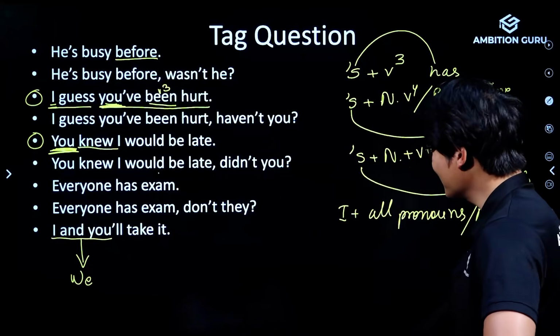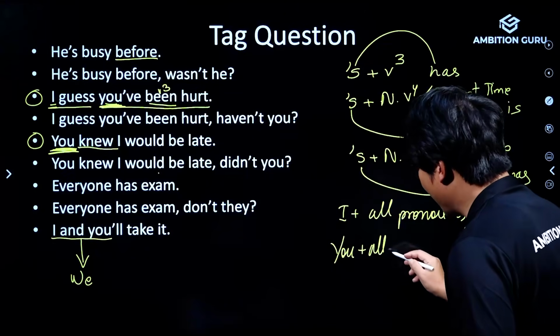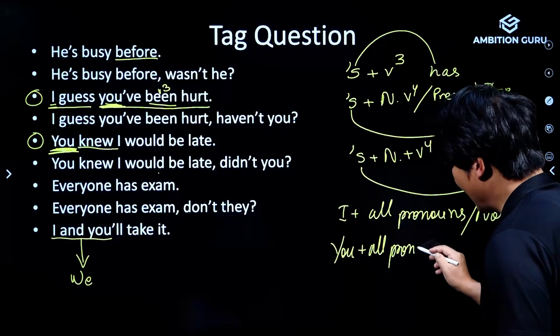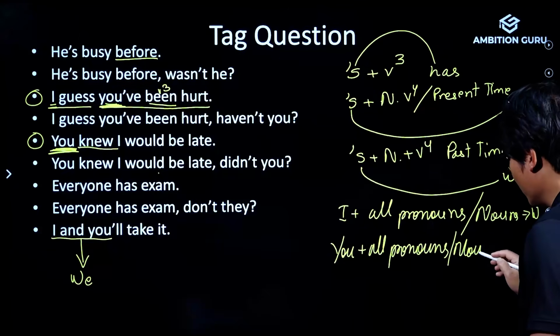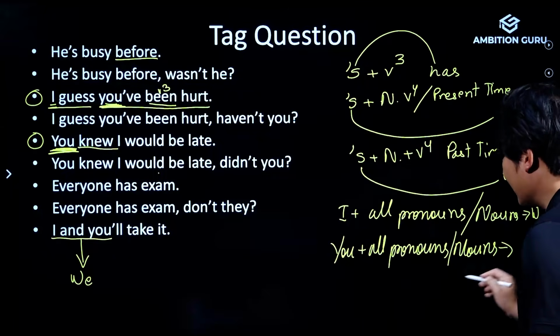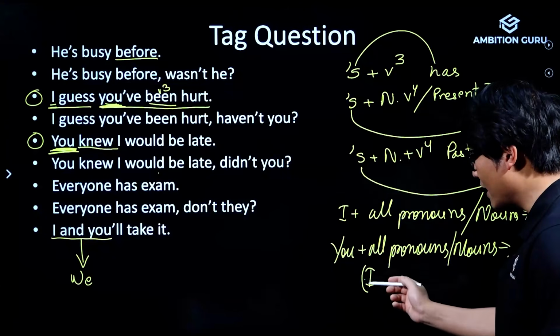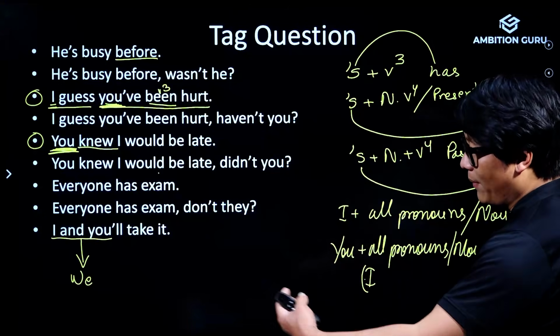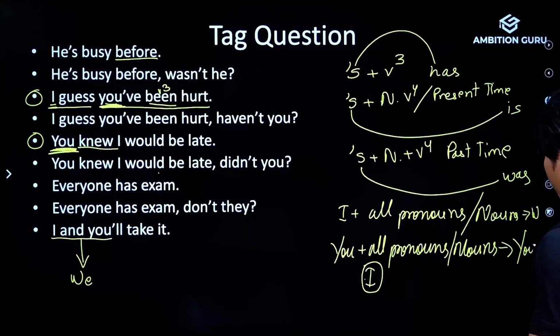Clear? And next is you plus any pronoun, or you and nouns, except I. I'm not taking "you and I", obviously that will be "we", but except I, it is "you".